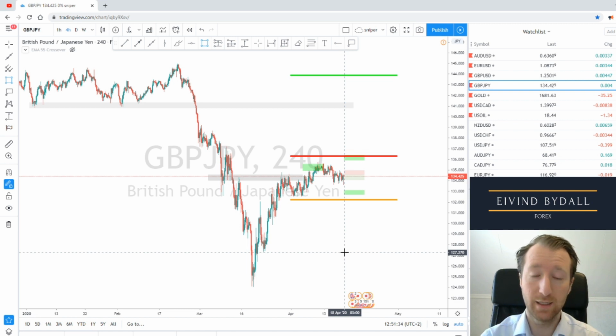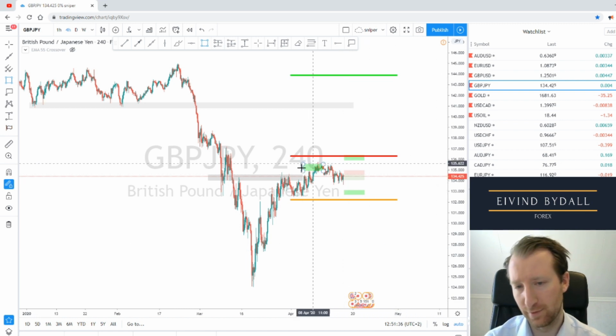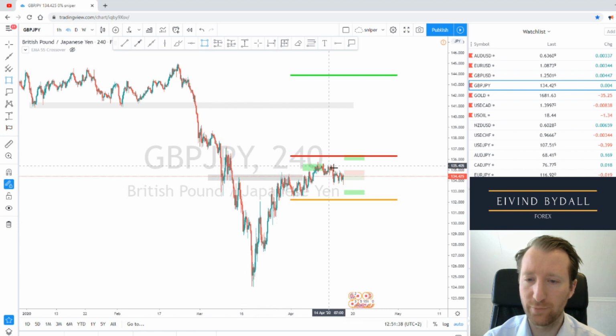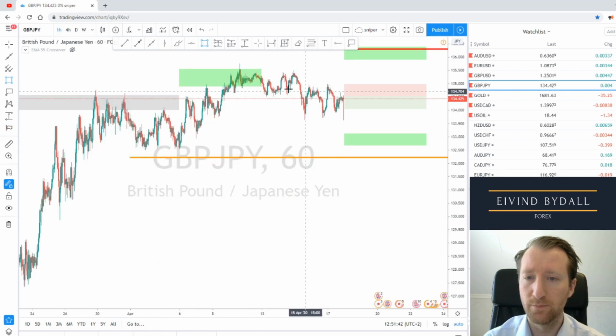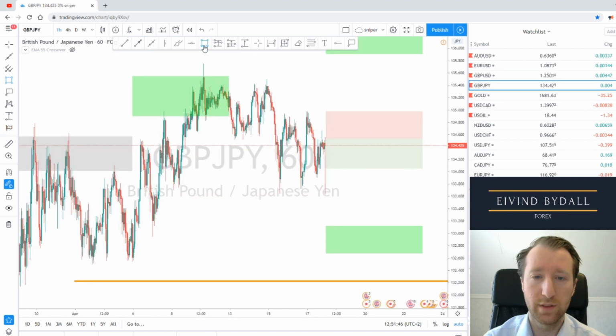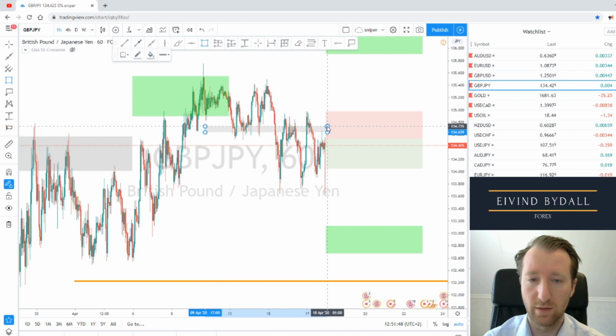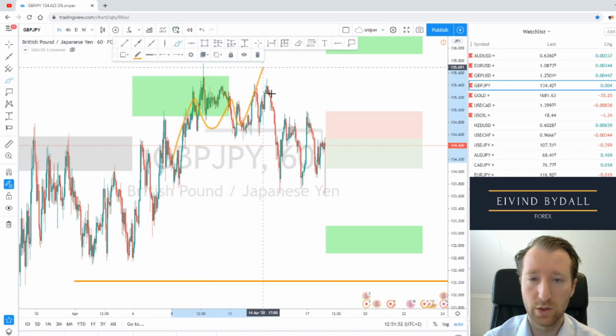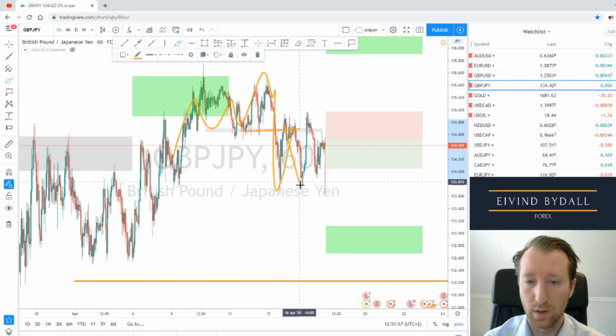For pound yen, I don't know if we're turning lower, but that's what my plan was, at least for this week. But it's kind of a new low here. So this is what we were trading last week. We're saying this is a new low here. This is the pullback. So range, new low, pullback, sell.